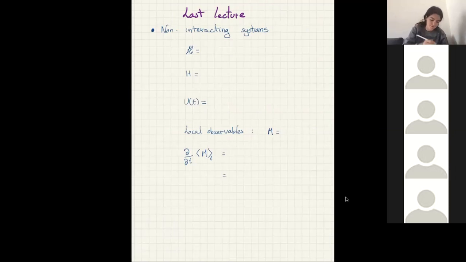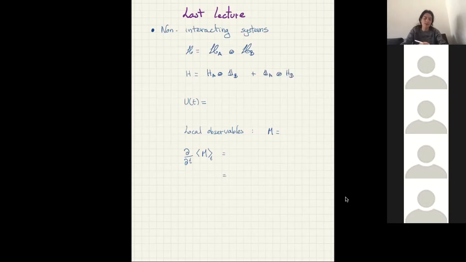But in the more general case, we can have the Hilbert space being made of a tensor product of two systems A and B. And what we mean by non-interacting is that the Hamiltonian has the form of one part that only acts on system A plus one part that only acts on system B.